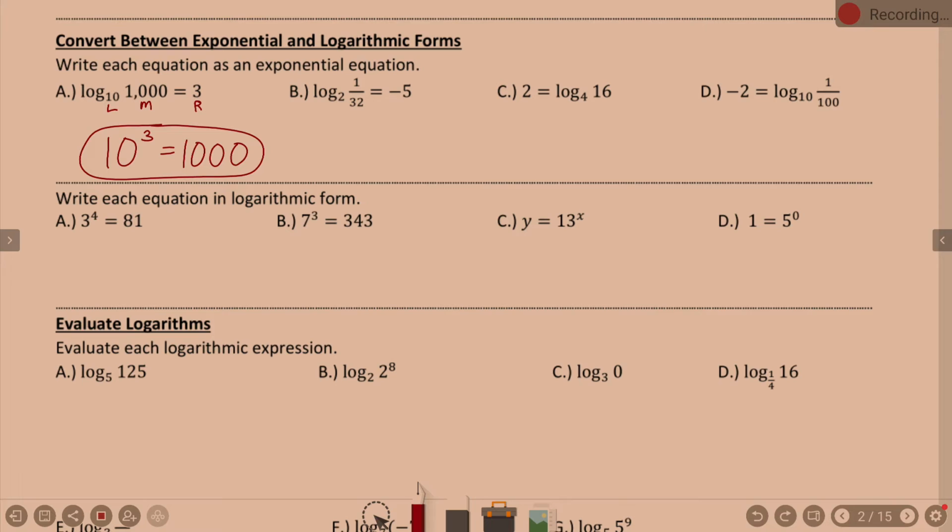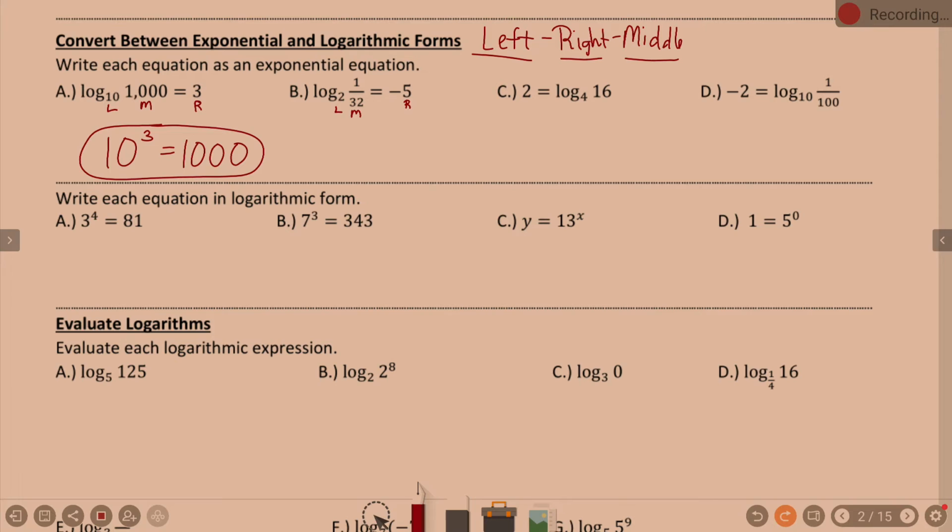Thoughts on B then? Got a left value, a middle value, and a right value. How do I rewrite this using left, right, middle? Okay, what are you guys thinking? 2 to the 5th equals 1 over 32. Okay.